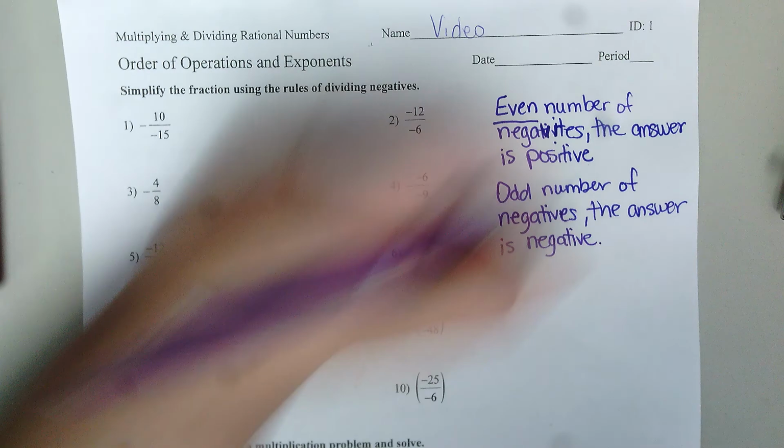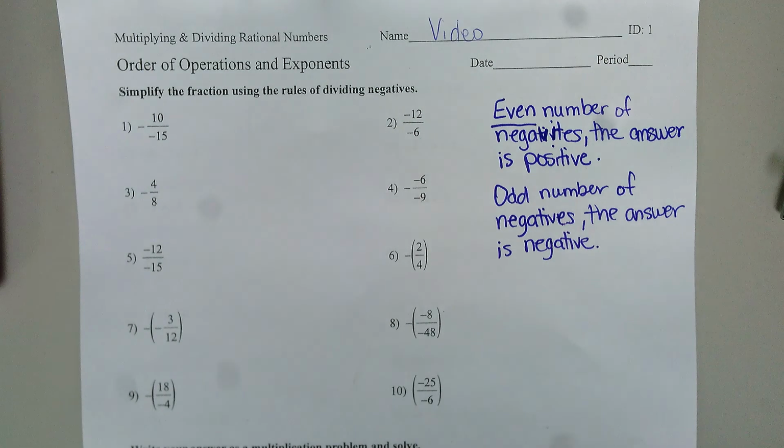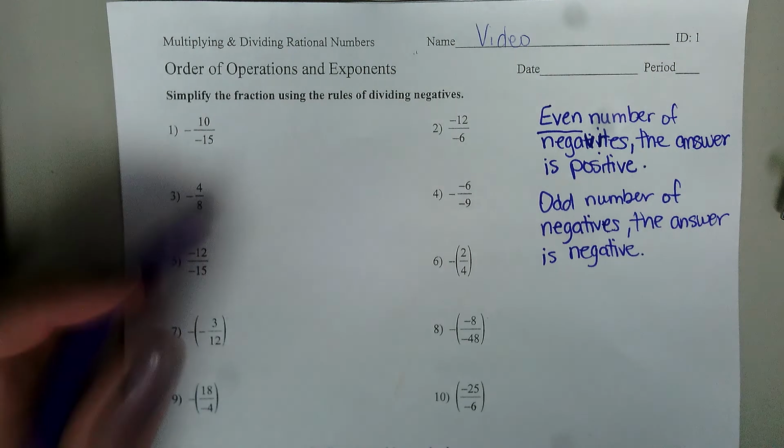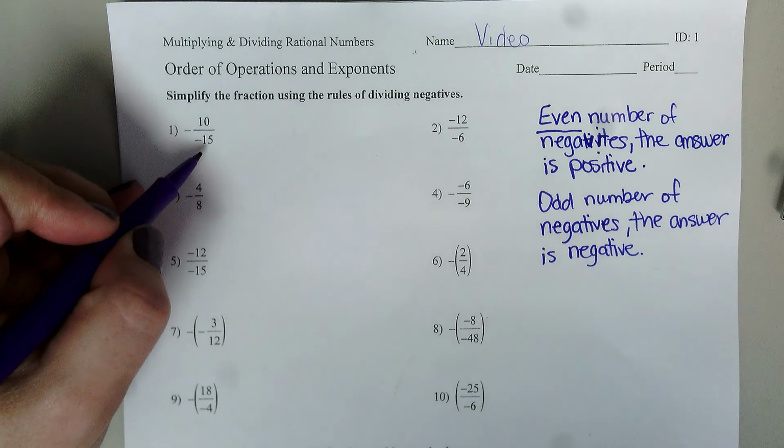So in other words, if we have 1 negative, 3 negatives, 5 negatives, or so on and so forth, the answer is negative, okay? All right, so in looking at this, our very first question is 10 over 15.